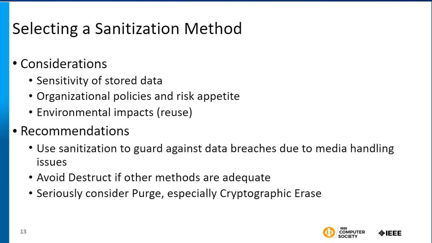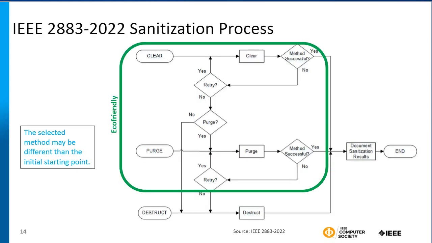In the IEEE 2883 standard, which was published in September this year, it has this flow diagram, and what we're trying to highlight is that if the process you're using is in that green box, then that's an eco-friendly process. But again, due to the nature of the data on the drive, that may not be an option.